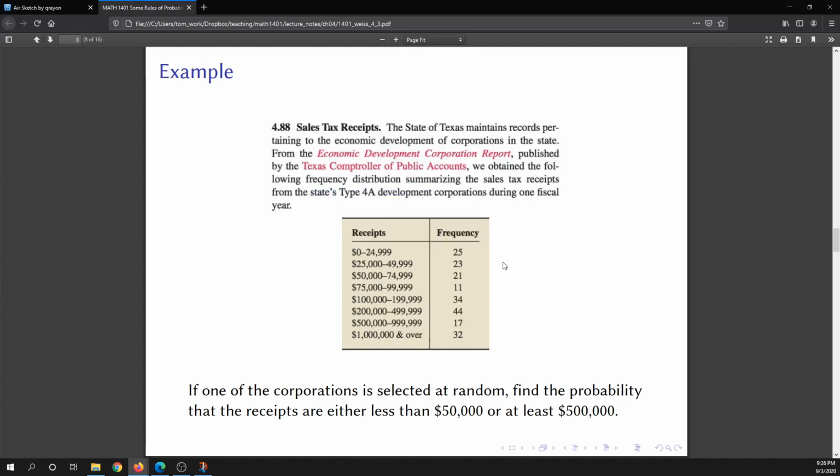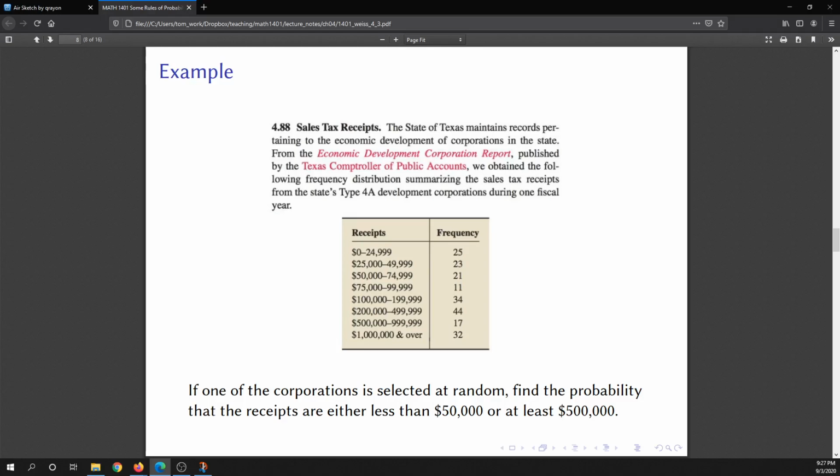Okay, so let's take a look at an example here. This is example 4.88, and it says the state of Texas maintains records pertaining to the economic development of corporations in the state. From the Economic Development Corporation Report published by the Texas Comptroller of Public Accounts, we obtain the following frequency distribution summarizing the sales tax receipts from the state's Type 4A corporations during one fiscal year.